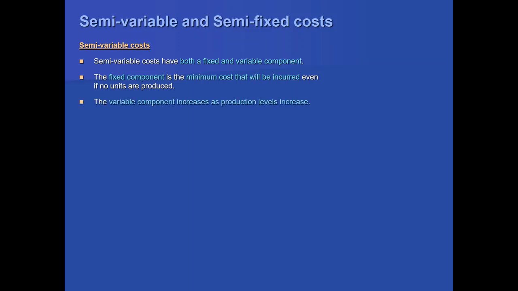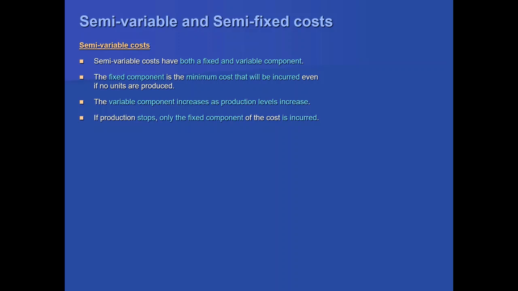Semi-variable costs have both a fixed and a variable component. The fixed component is the minimum cost that will be incurred, even if no units are produced, and the variable component increases as production levels increase. So this is basically just a combination of fixed and variable costs.